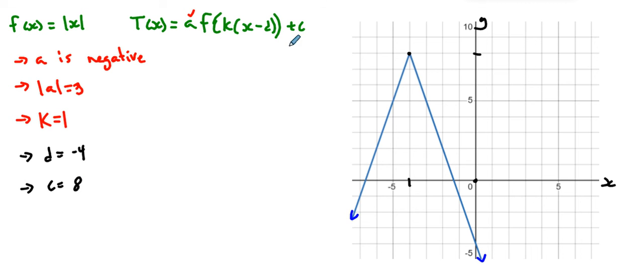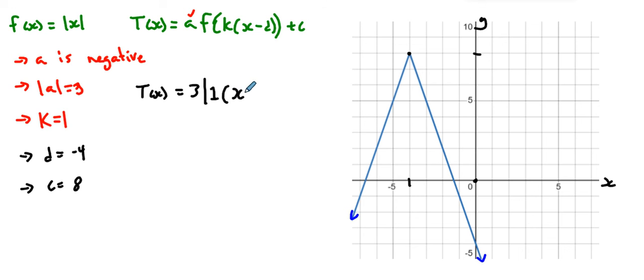This is going to allow me to look at my transformed function t of x. And we know that the a value is 3. We can then say for the f, it's going to be the absolute value. I'm going to put a k value in here of 1 just for now, just to show you what that would look like. It would be bracketed out.